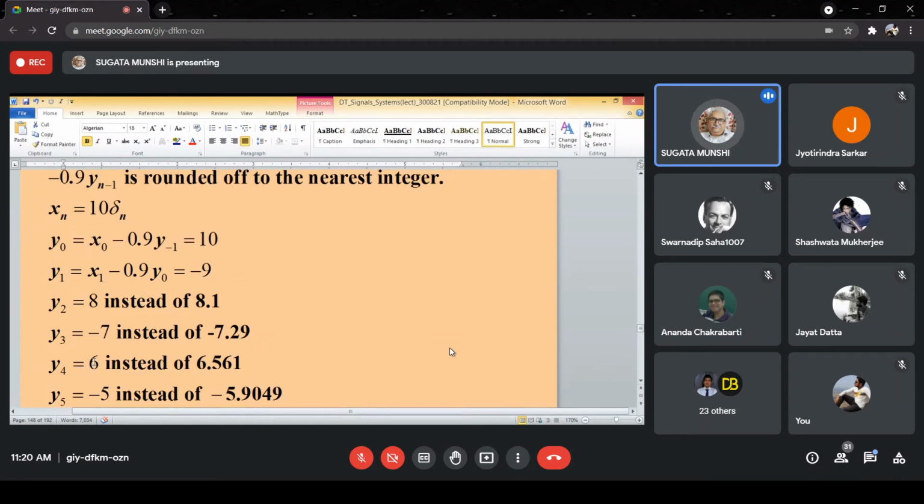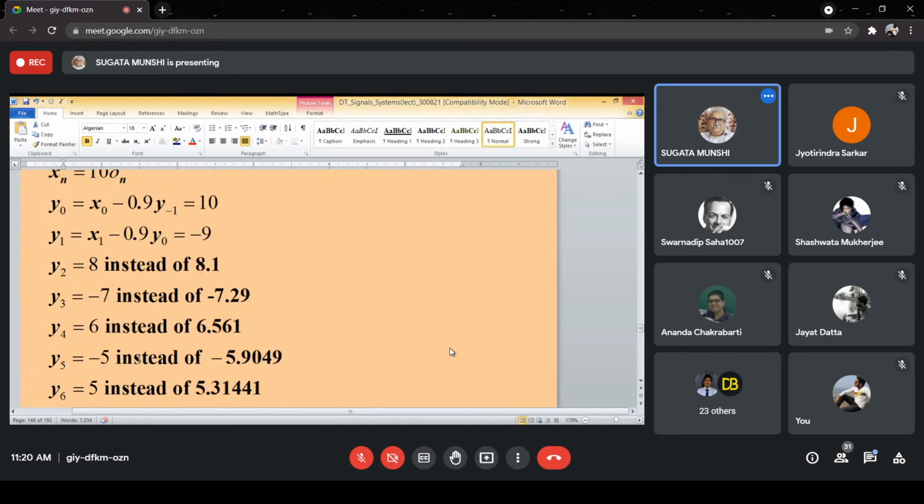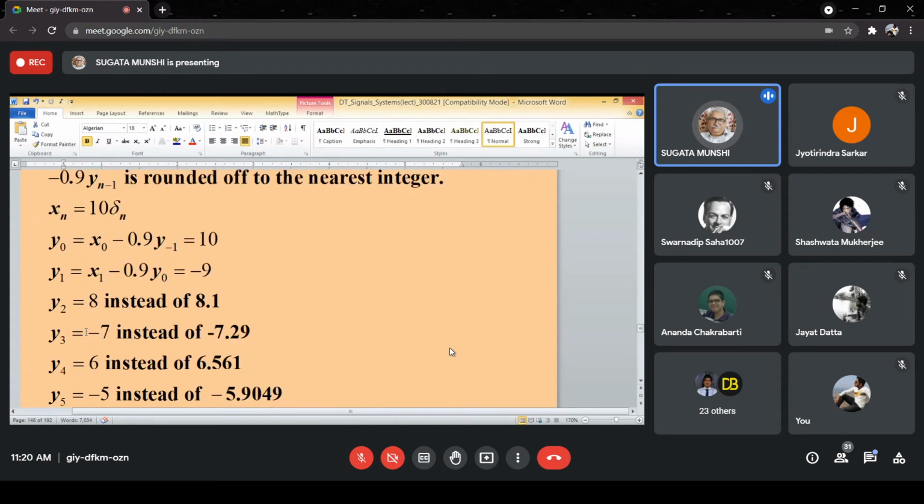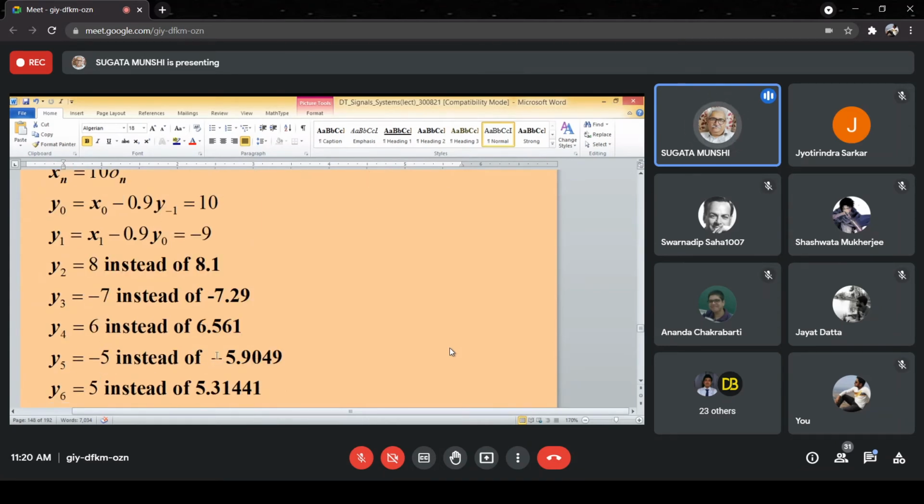What will be y[4]? y[4] will be minus 0.9 into minus 7. That means plus 6.3, that means plus 6. If y[3] were minus 7.29, y[4] would have been 6.561. y[5] is 6 into minus 0.9, that means minus 5.4, that means minus 5, instead of minus 5.9049 if y[4] were 6.561.